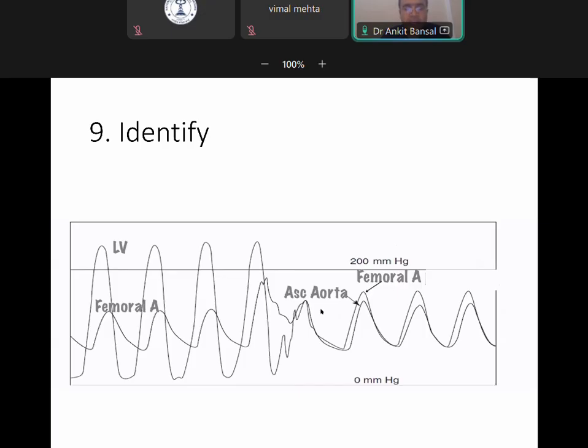So identify this classical tracing. Aortic stenosis, coarctation of aorta.